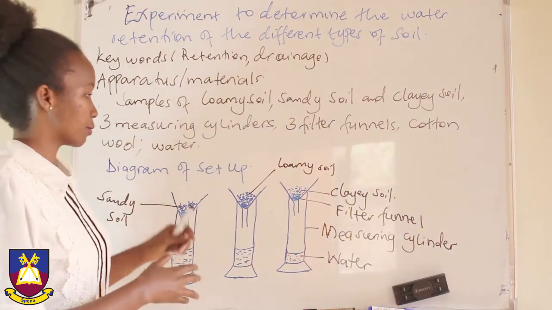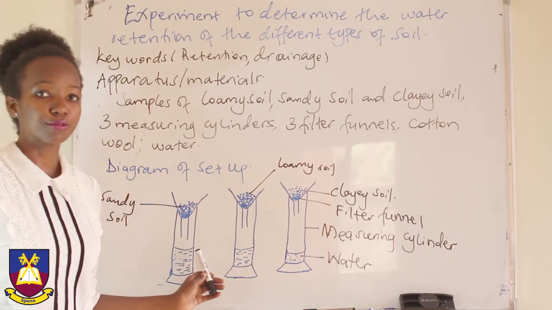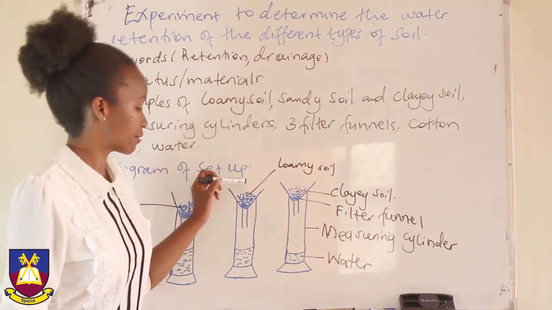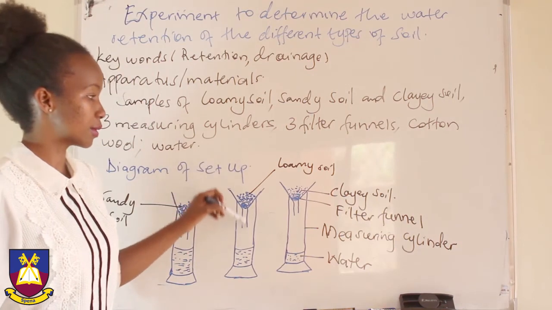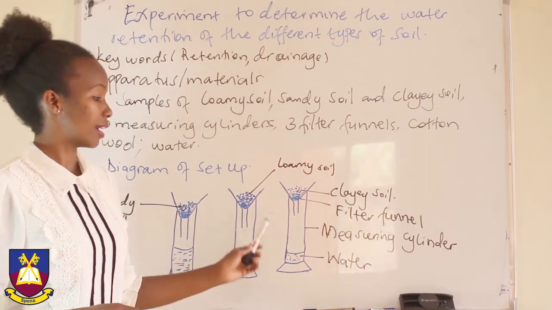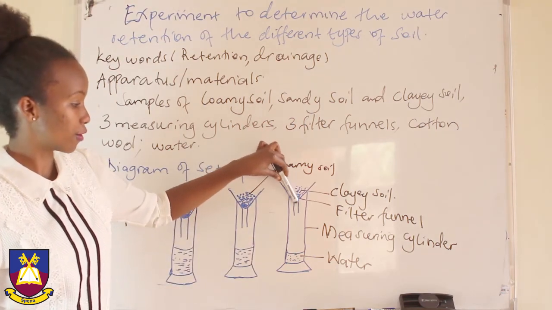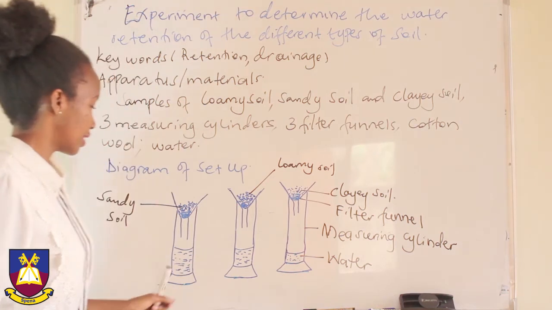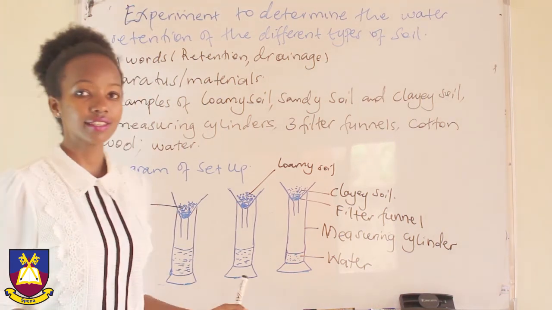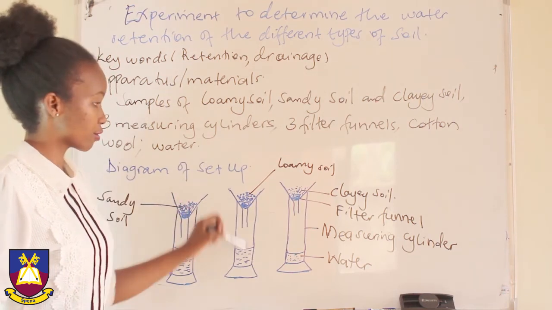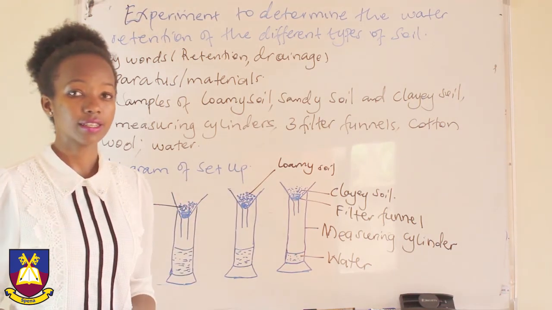Once we pour in the water, the first drop comes from sandy soil. The first drop is then followed by loamy soil, then followed by clay soil. Clay soil is the one that gets the drop fall through last. And in the end, sandy soil has the largest amount of water that drained through it, followed by loamy soil, and followed by clay soil.